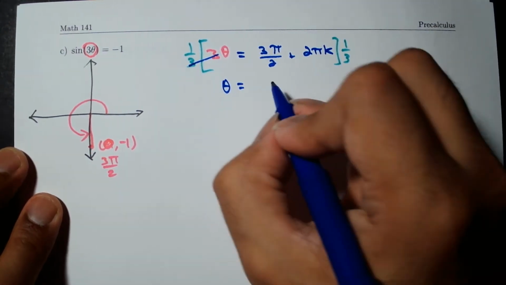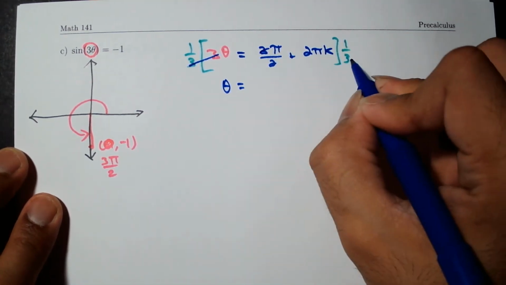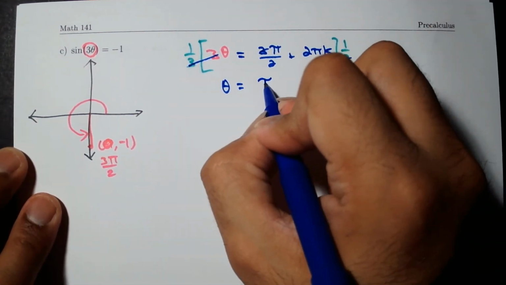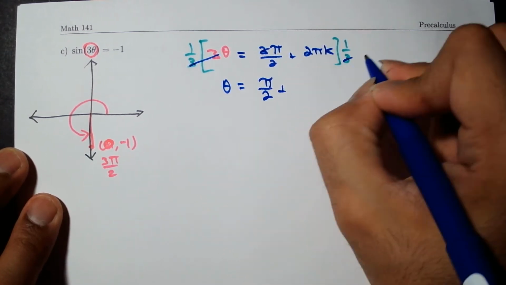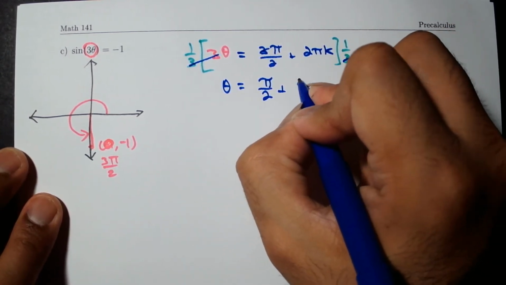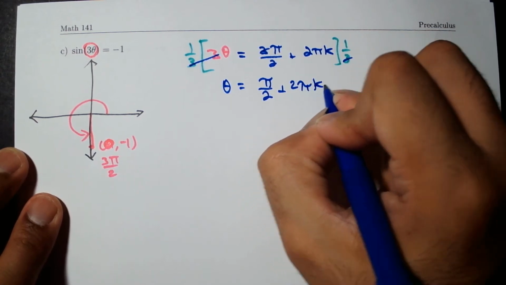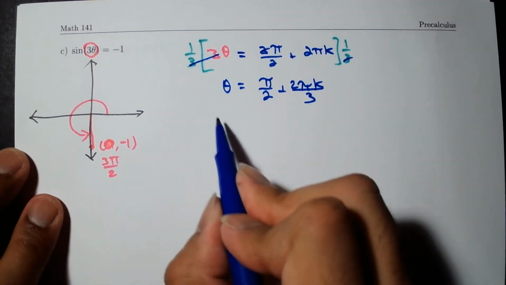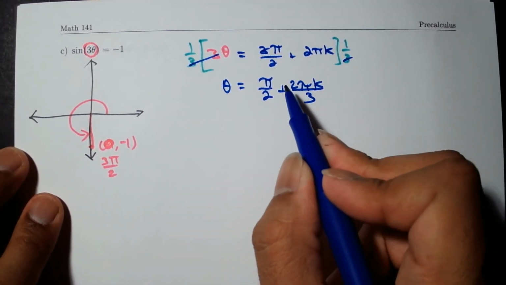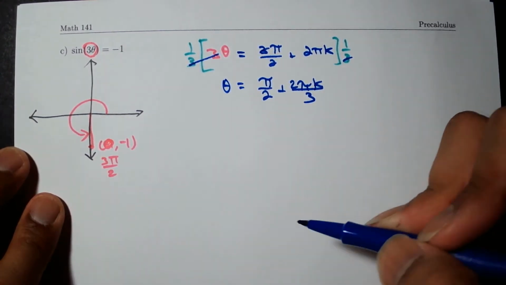Theta equals pi over 2 plus 2 pi k over 3. All right, so that's our general solution, or the general formula to generate all the solutions.